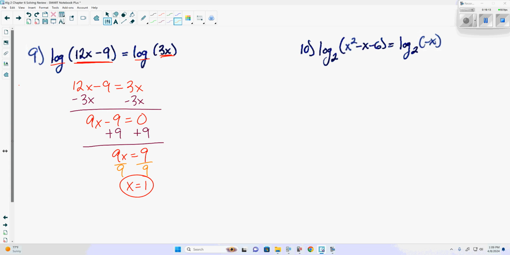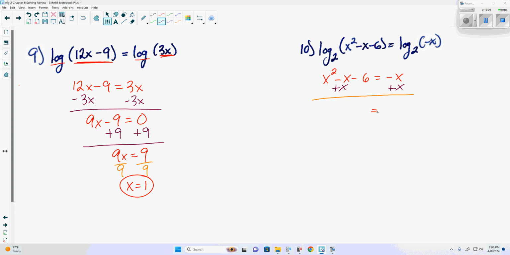Well, the logs are both the same. So that means what's inside has to be equal. So x squared minus x minus 6 is equal to negative x. Now, since we do have an x squared term, we do need to try to get this equal to 0. So we can add x to both sides.